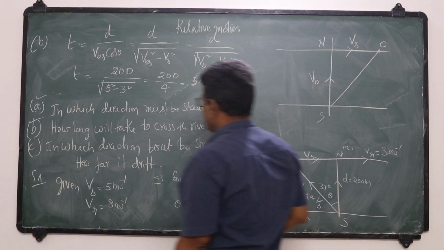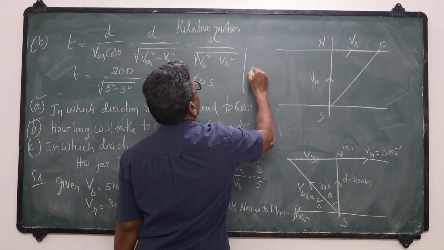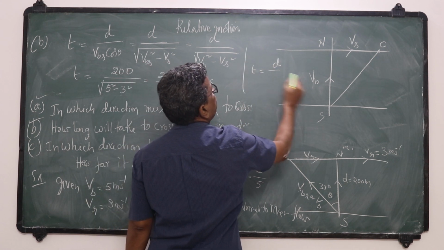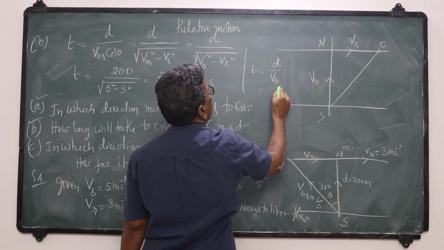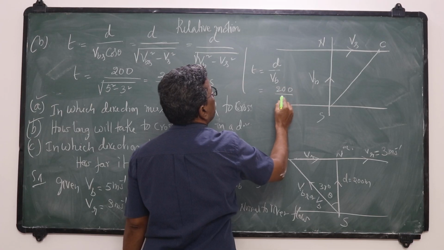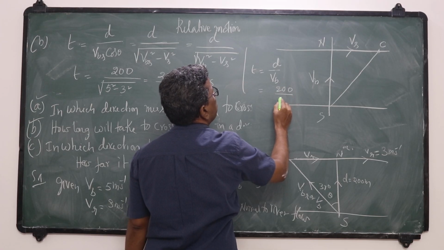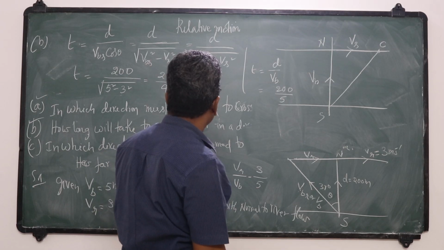So I want the time. Time is D by VB, the velocity in this direction. So T is 200 by VB, and VB is 5, the velocity of the boat in still water.